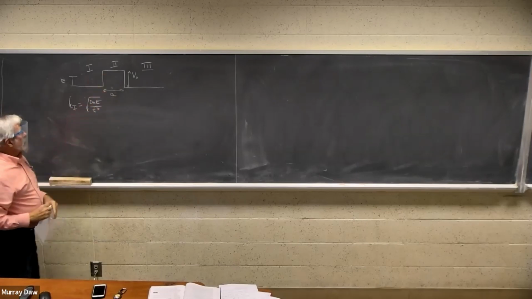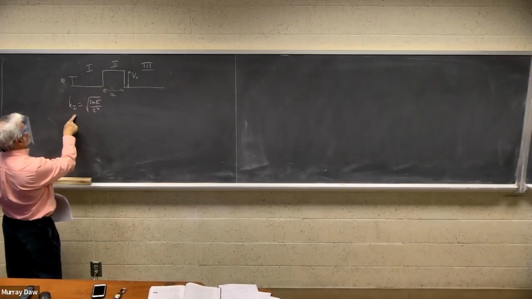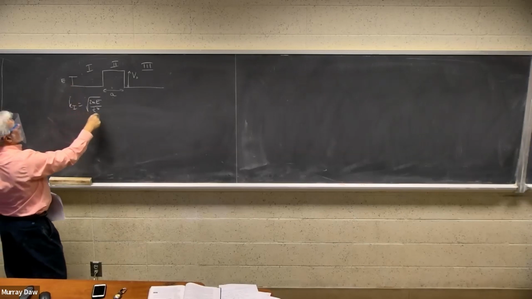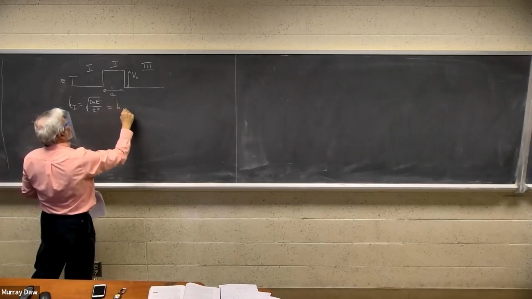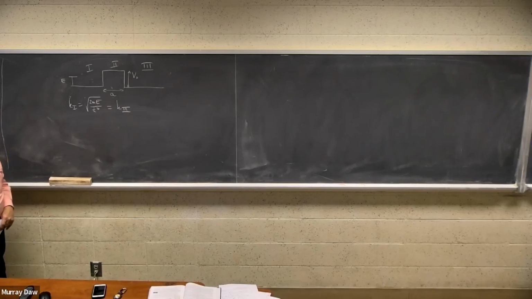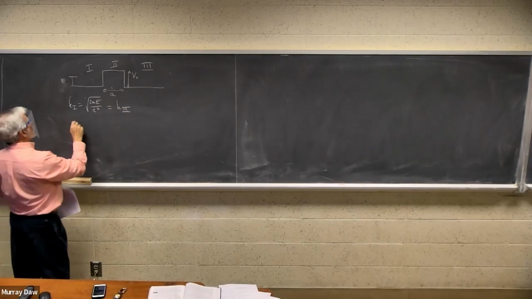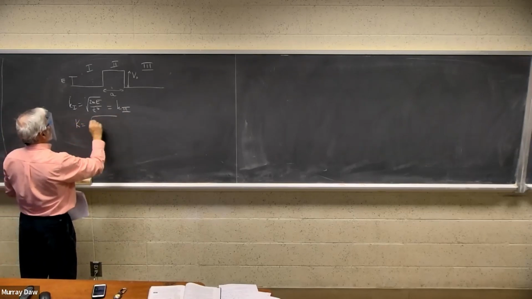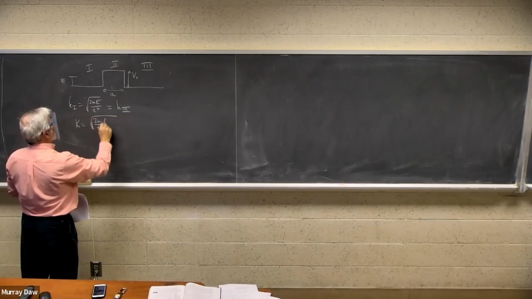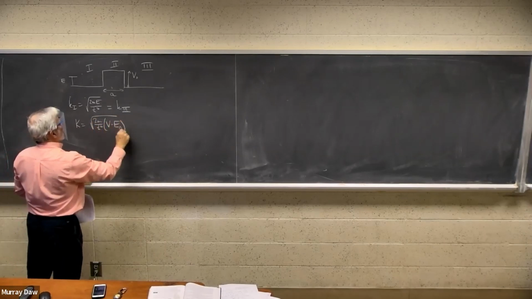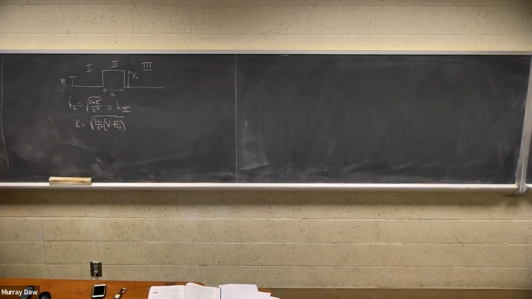The energy is less than the potential. So in region 1, the wave number is the same as in region 3. Those have the same wave number. In region 2, we have a constant K. I'll write it as capital K.